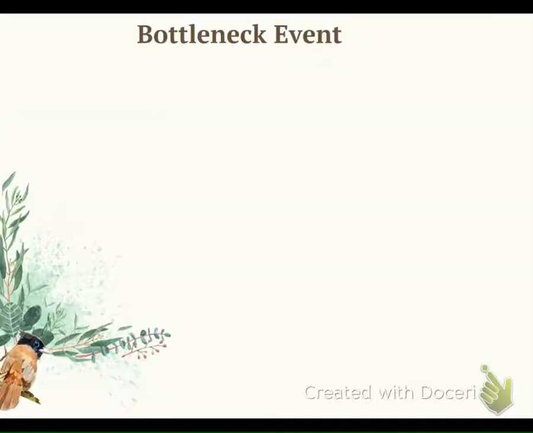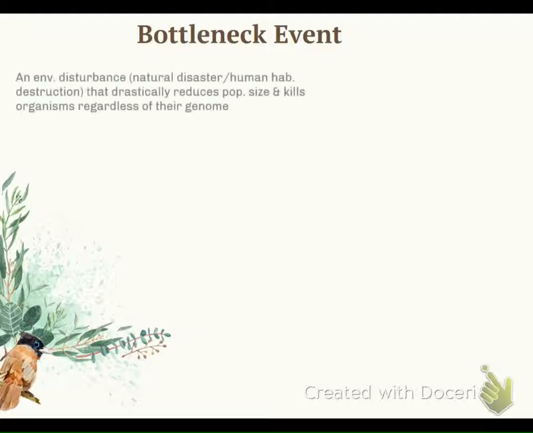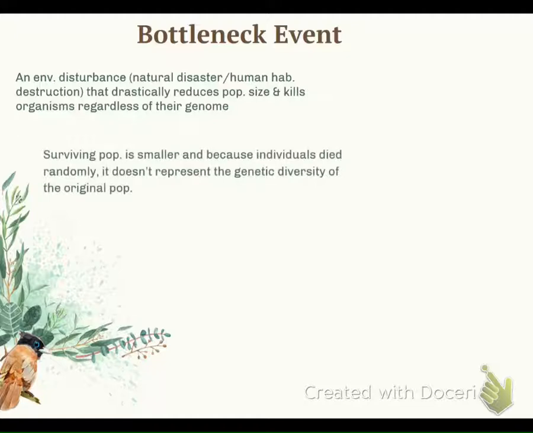Sometimes there's something called a bottleneck. That is when a disturbance or emigration drastically reduces the population size, maybe because they're moving, or maybe because some disaster kills some of the organisms. When that happens, there's going to be a smaller population, and because some died randomly, it doesn't reflect the original diversity of the original population.